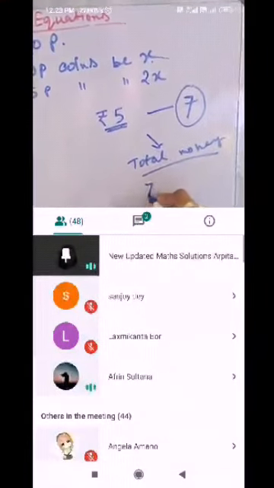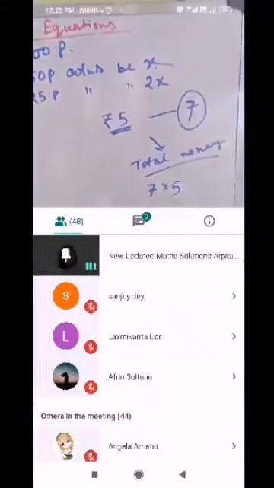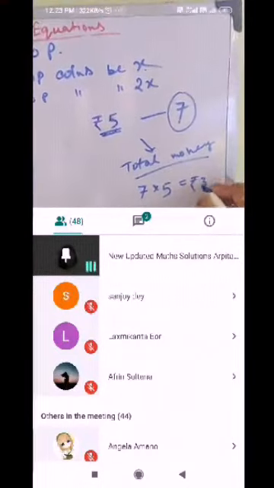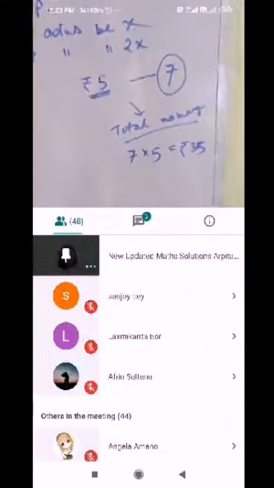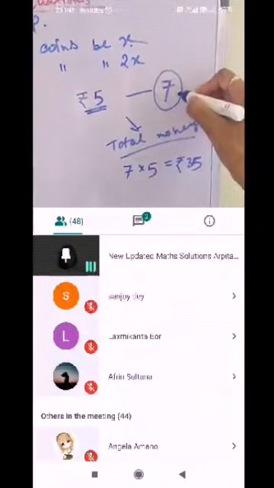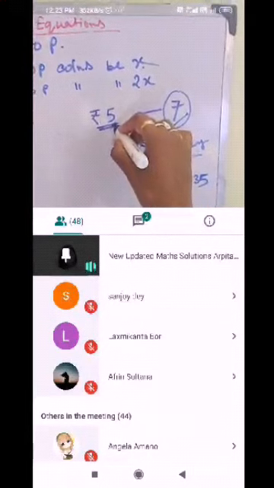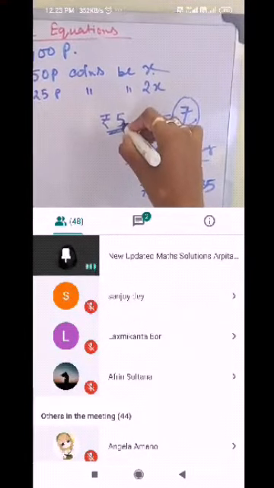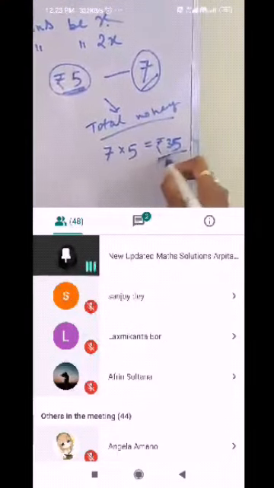The number of notes and the value of a note are multiplied. Now I repeat once: number of notes or coins, whatever, into the value of the coin or note. Here the value of the note is 5, that's why it is multiplied. Then we get the total money.